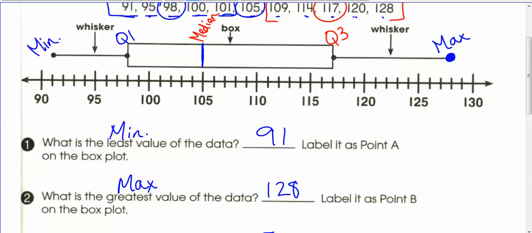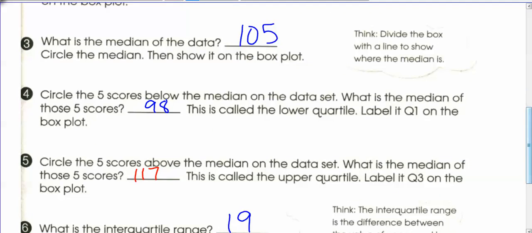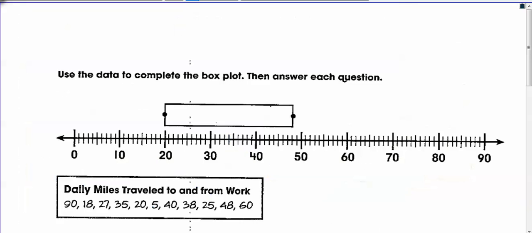So you could tell based on this box plot that this is a skewed right data set, just based on how stretched out the box and the whisker at the end are. It is more varied. All right, so let's go on to the next page and hopefully we can get this done quickly.